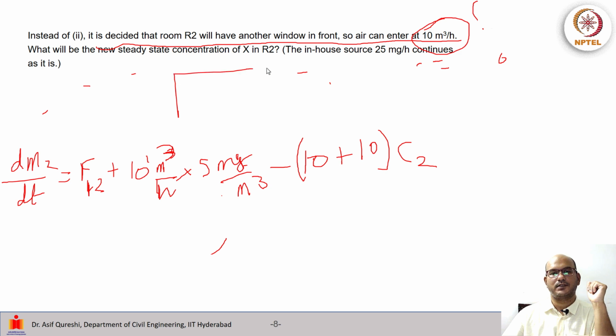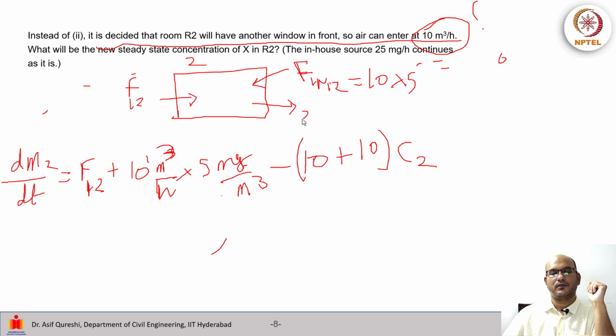Because now if this is room 2, we have F12 coming in, plus we have another F in, which is 10 times 5, and then we have 2 times 10 meter cube per hour going out. So 10 plus 10 multiplied by C2.